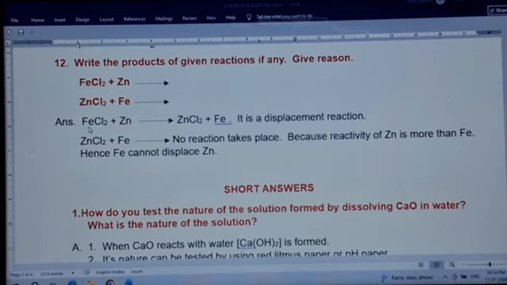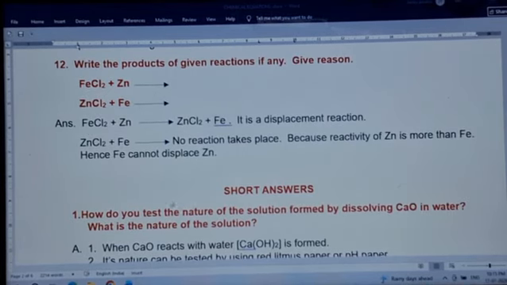Chlorine has the tendency to react with iron as well as with zinc. But since the reactivity of zinc is more than iron, zinc is occupying the place of the iron. So zinc chloride and iron are forming. So it is a displacement reaction.